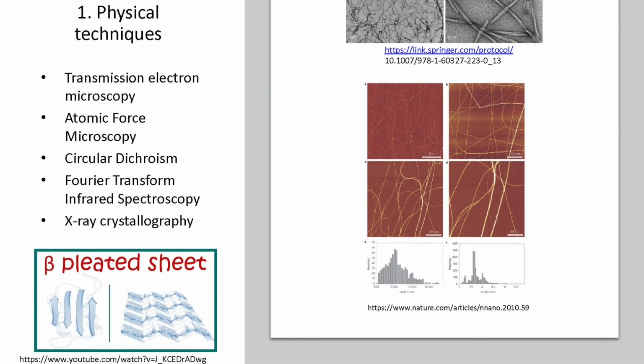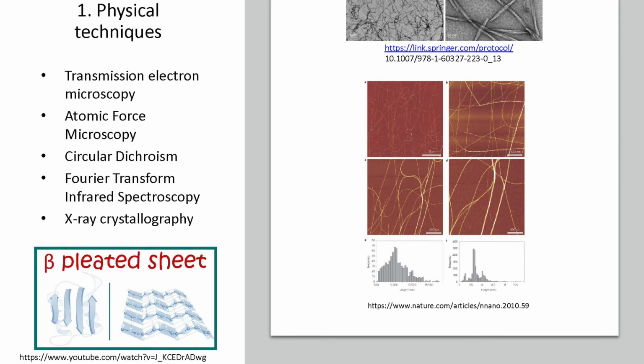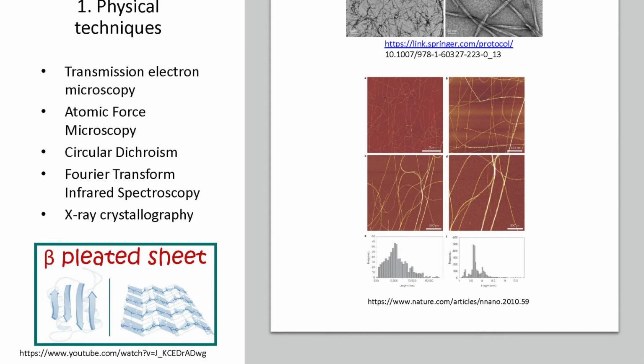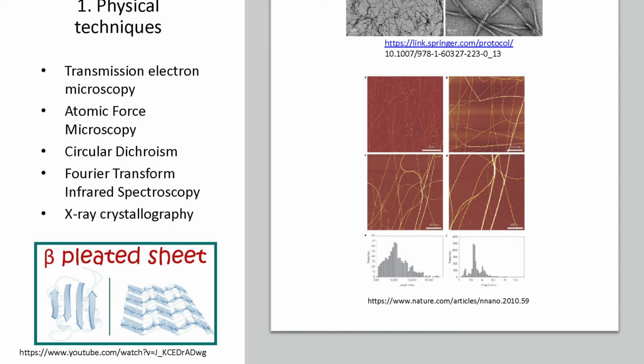The presence of these structures can also be biochemically evaluated by certain staining techniques as well. An important staining technique that is used by histopathologists for amyloid confirmation is the Congo red staining.